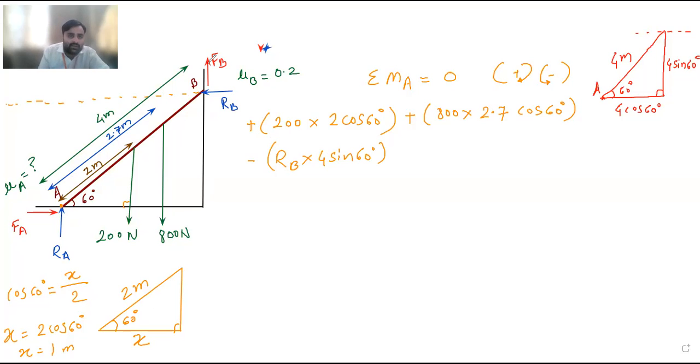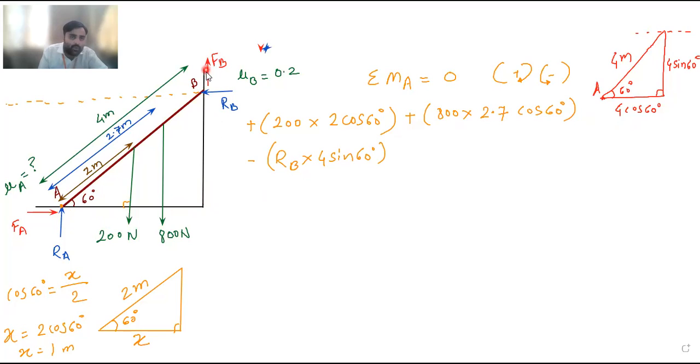Then this FB force, which is acting over here. We need to calculate this distance. This is the horizontal distance. FB force is vertical. This is the line of action of FB. From this line of action, this is the perpendicular distance. If this total is 4, I have calculated this total distance is 4 cos 60.